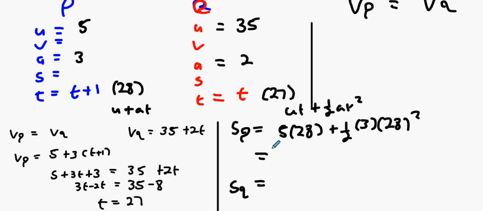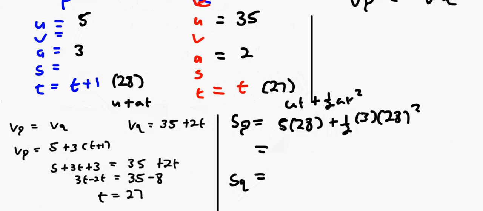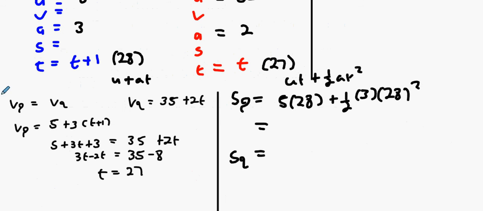Prediction, bigger or smaller than SQ? According to the language of the question, find the greatest distance between the two particles after Q overtakes P. So Q is further along the track than P. This would imply that SP is smaller than SQ. Okay? So let's find out.